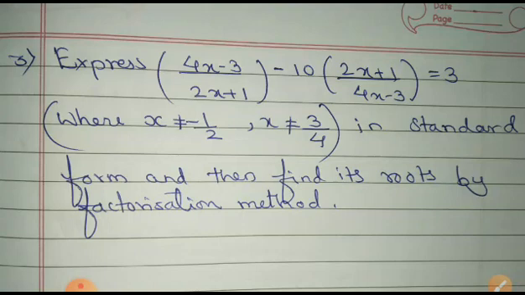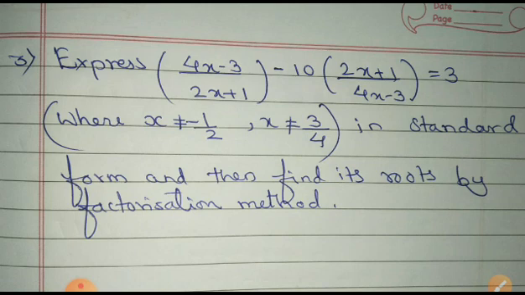Now, next one. Express 4x minus 3 by 2x plus 1 minus 10 into 2x plus 1 by 4x minus 3 equal to 3, where x is not equal to minus 1 by 2 and x is not equal to 3 by 4, in standard form, and then find its roots by factorization method.